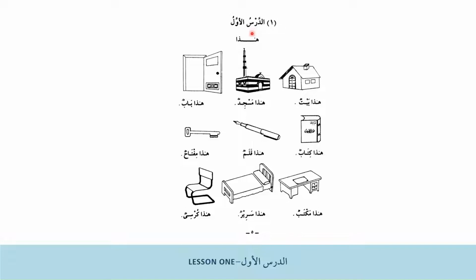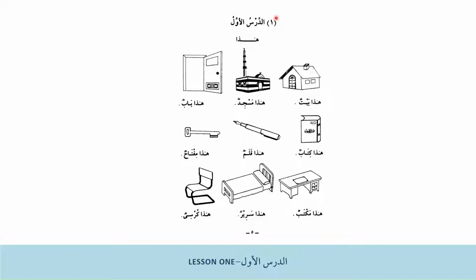Another example, the noble Quran. In Arabic, we'll say Quranun Kareemun, but in English, we will say noble first. So the adjective comes first, then we bring the word it refers to, Quran. So ad-dars means lesson, al-awwal means first. So first lesson.